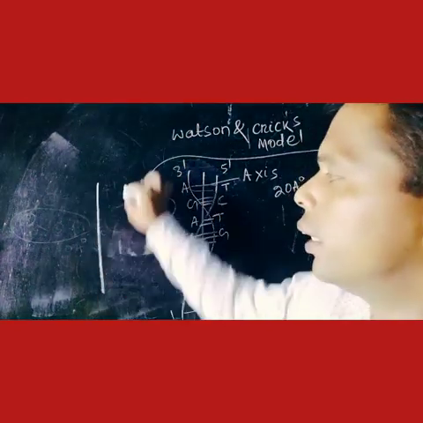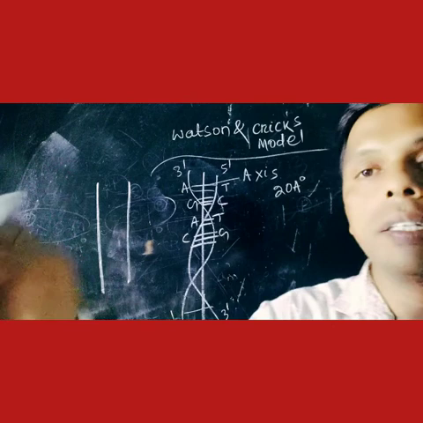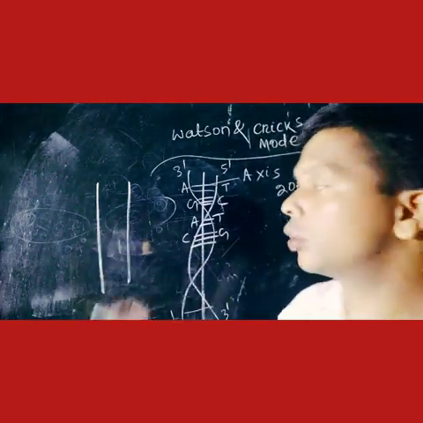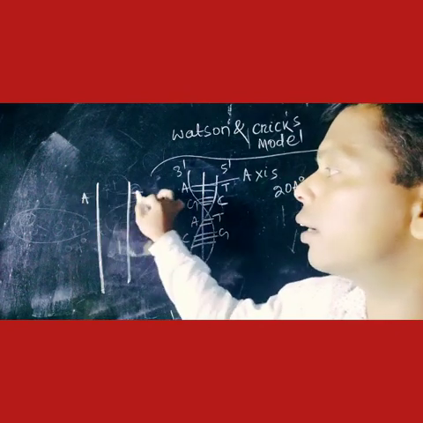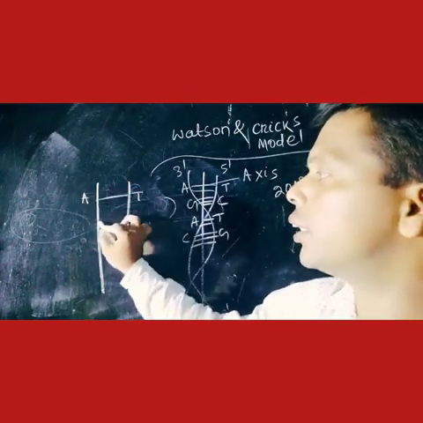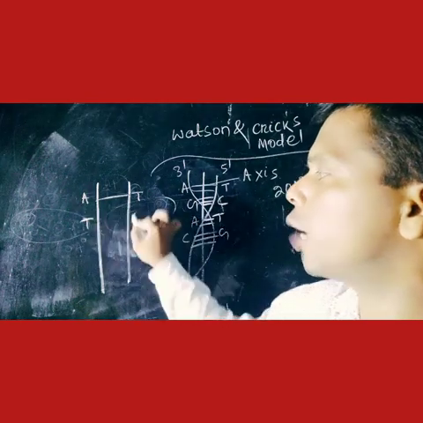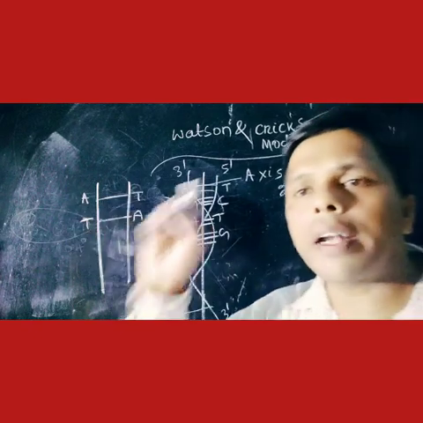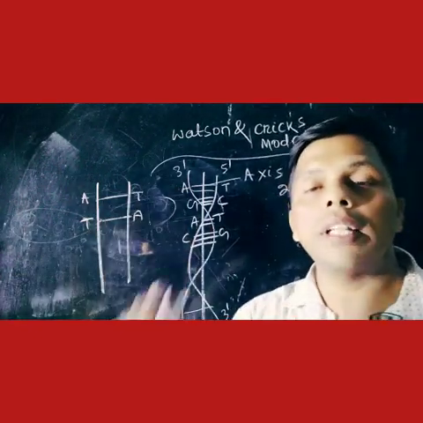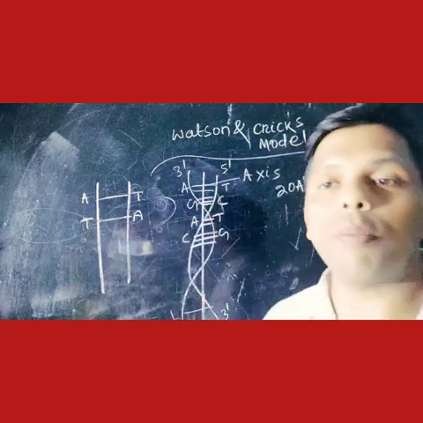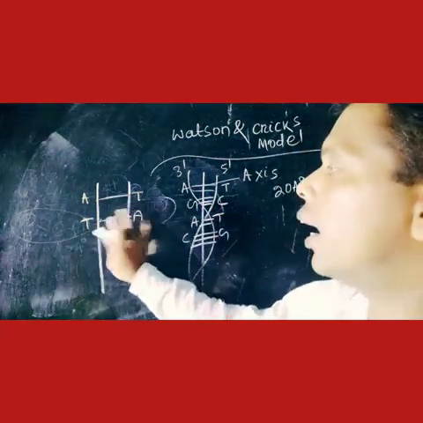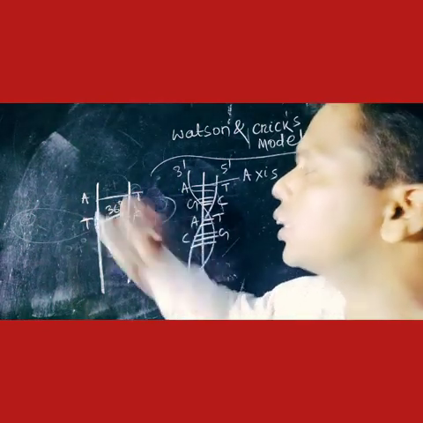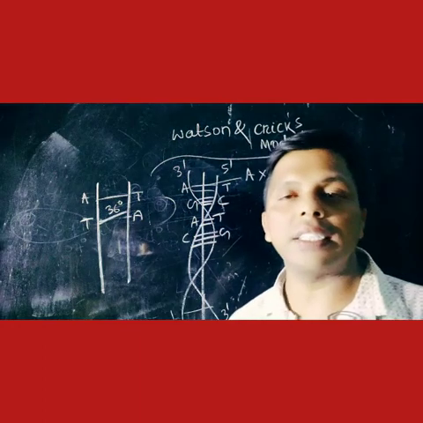Suppose it is in this way. These are the two polynucleotide strands. Suppose this is a base pair, and this is another base pair, thymine adenine. This base pair and this base pair are not parallel to each other. There is an angle between them. How much is it? The angle that is slightly twisted is 36 degrees.